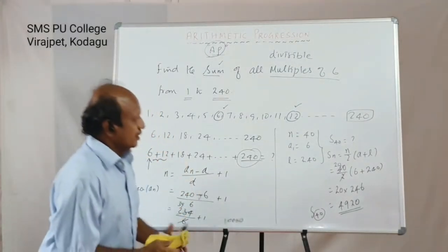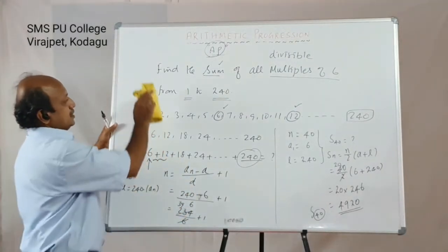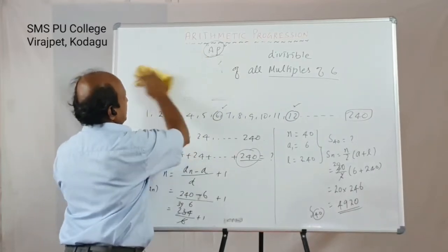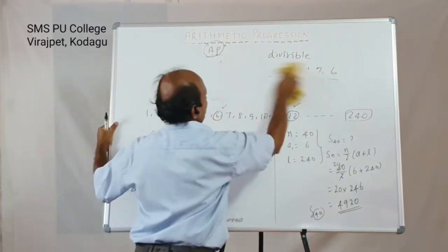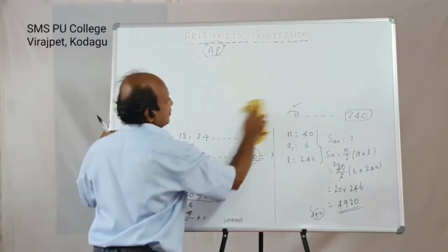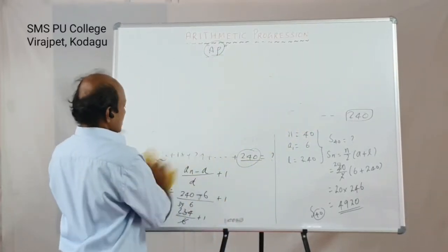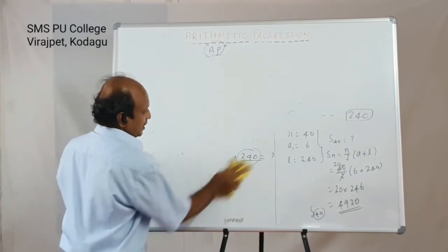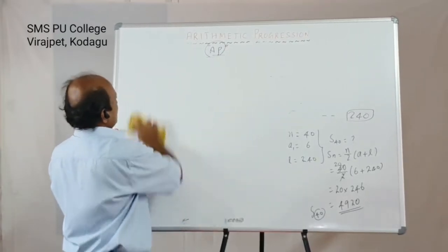is 4920. Next, let us see some more additional problems from the examination point of view. Here the question may be asked with multiples of 8 instead of 6, slightly twisted.